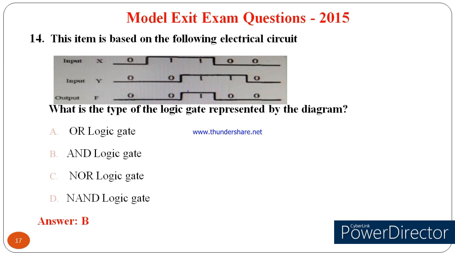In the third and fourth cases, when the inputs X and Y are different, that's 0 and 1, the output is 0. And when both inputs are low or 0, the output is low.